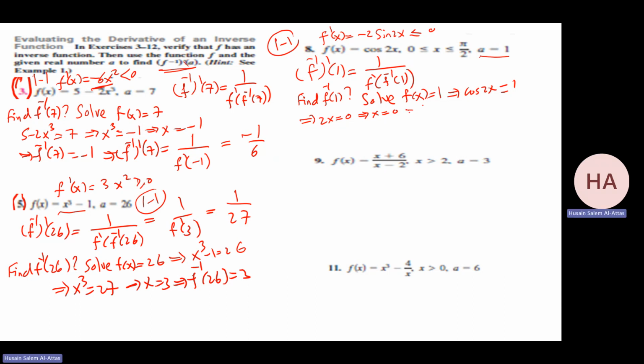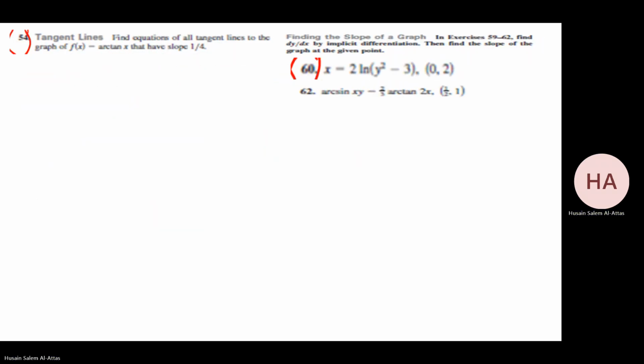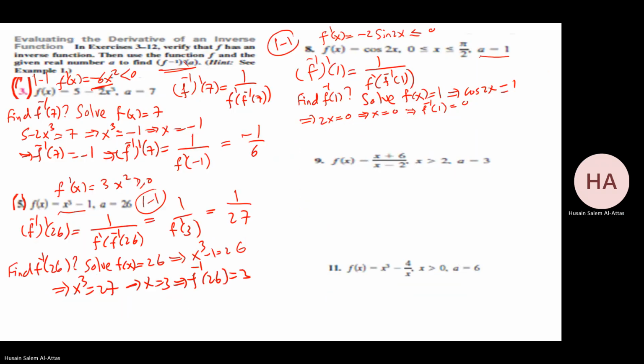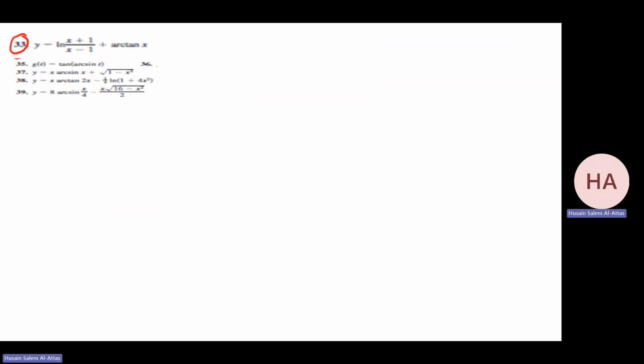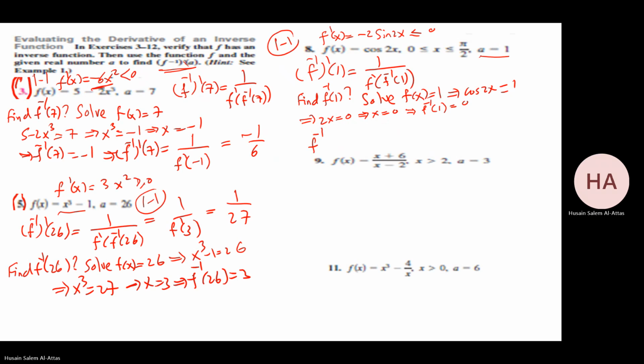That implies f inverse at 1 will be 0. So f inverse prime at 1 will be equal to 1 over f prime at 0.